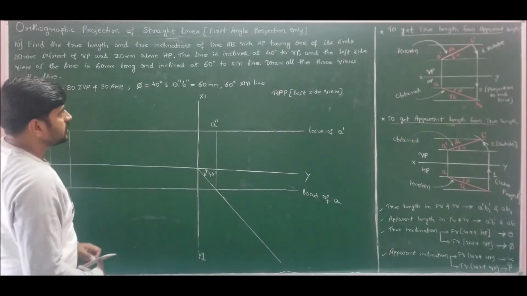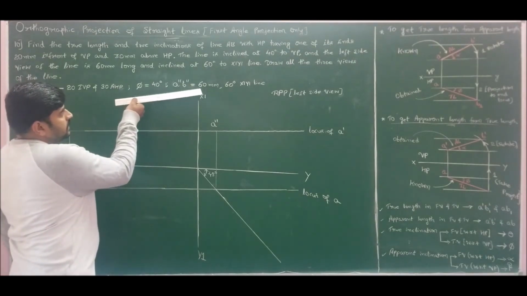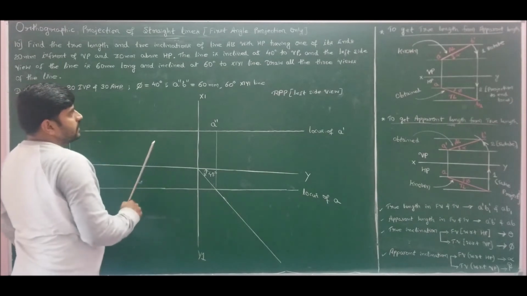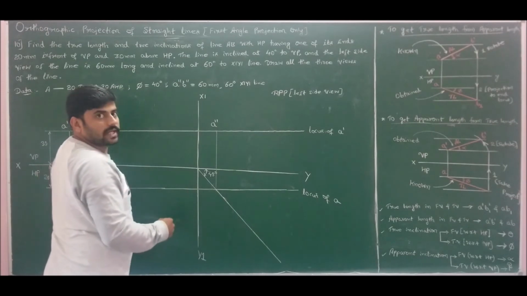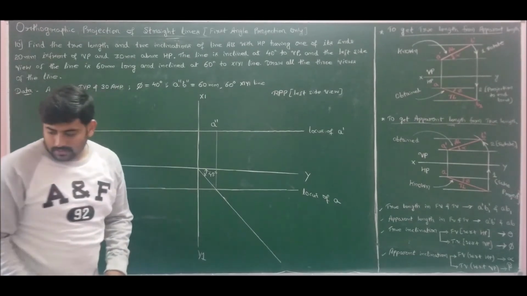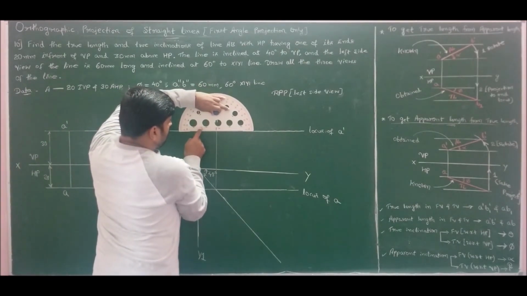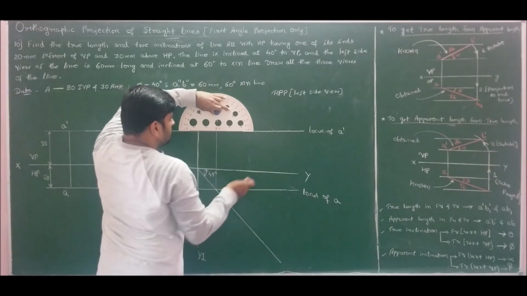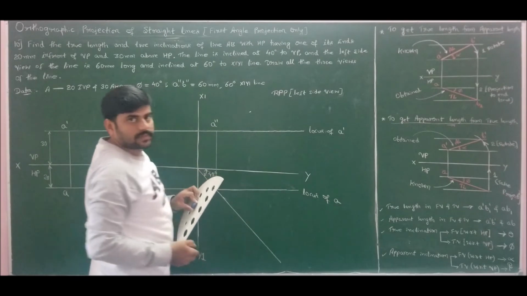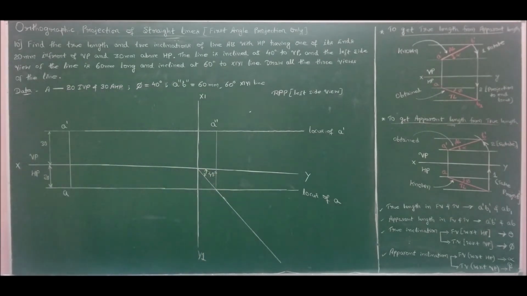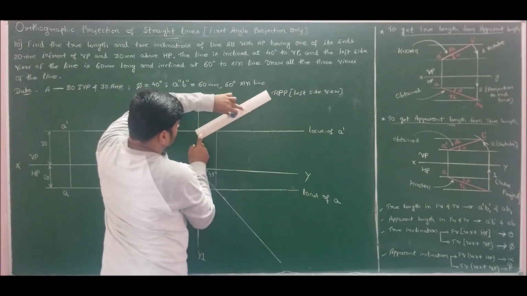Now the problem is solved because we know A double dash B double dash is 60 mm at 60 degrees to the x1y1 line. So it is 30 degrees to horizontal because x1y1 is a vertical line. So now I can draw 30 degrees, which in turn gives 60 degrees with respect to vertical, whose length is 60 mm.